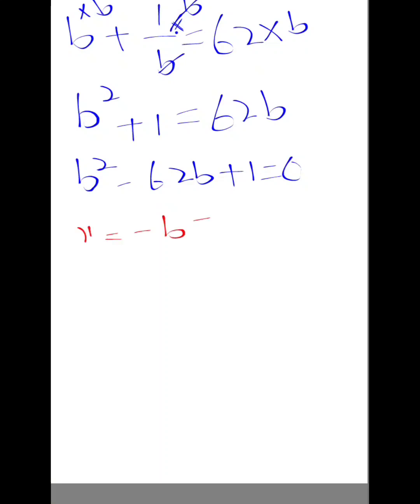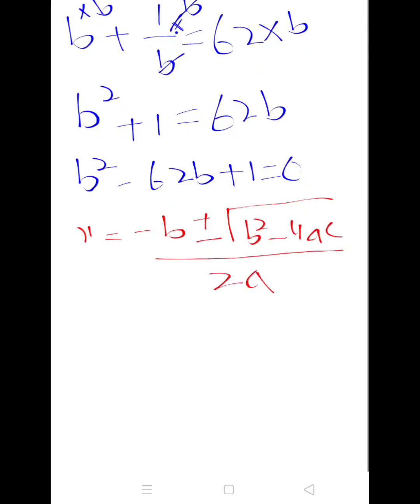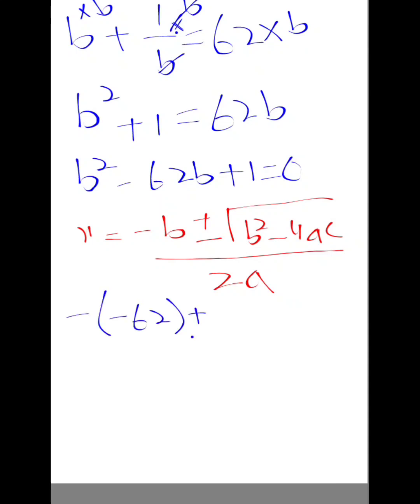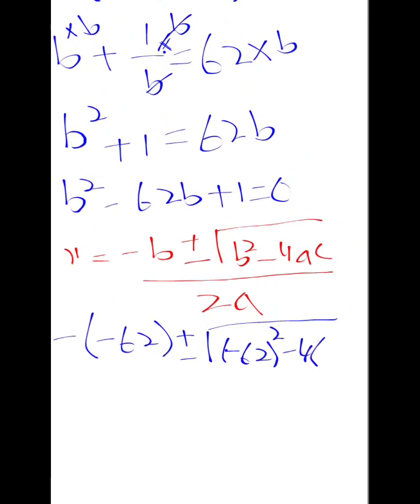Now we will take our quadratic formula, according to which b is equal to minus b plus minus square root of b square minus 4ac over 2a. Substituting the values, we write minus times minus 62 plus minus square root of 62 square minus 4, a's value 1 and c's value also 1, over 2 times 1.